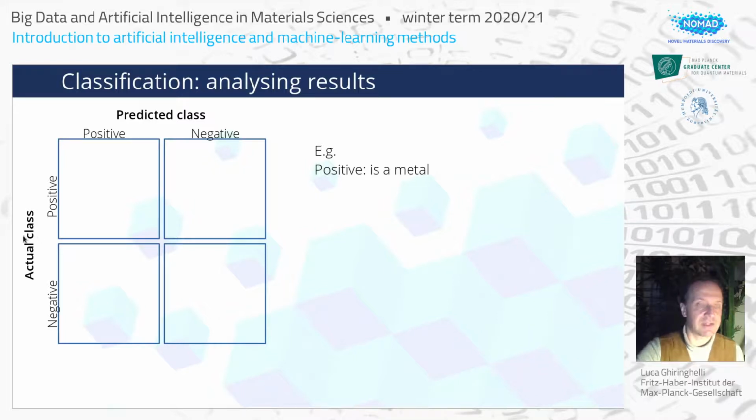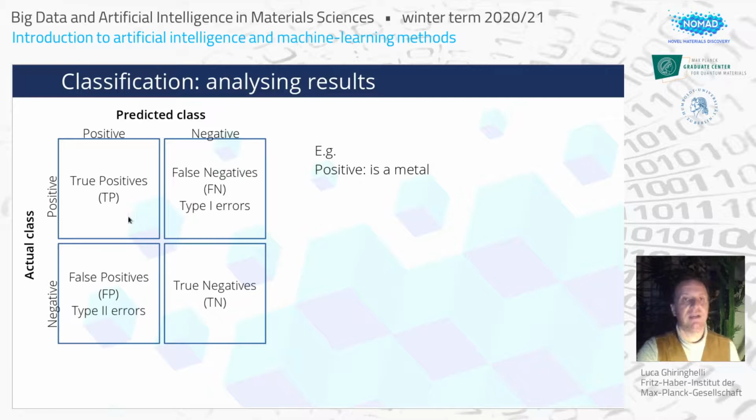And so the matrix has on this side the ground truth, and on the other side the prediction, and one counts how many times the prediction was positive and the label was really being a metal, negative versus negative, but also when you make mistakes, and you split them in these two different mistakes, the false negatives and the false positives.